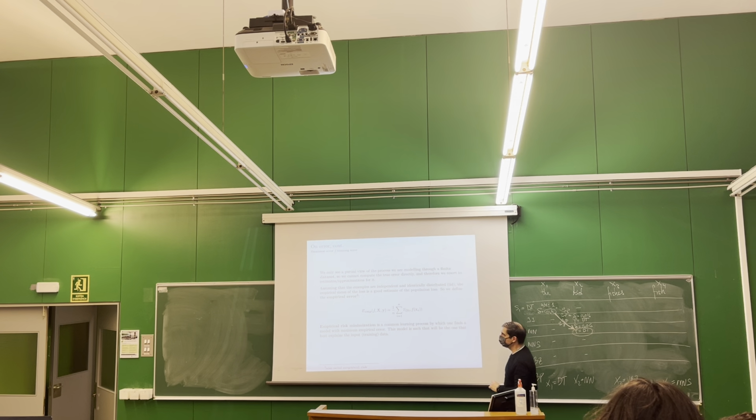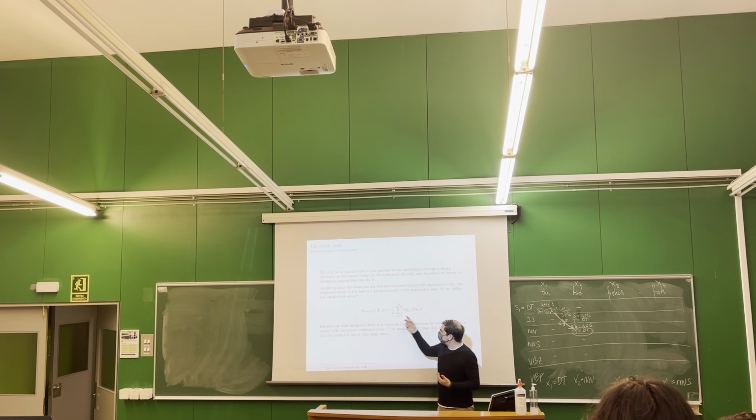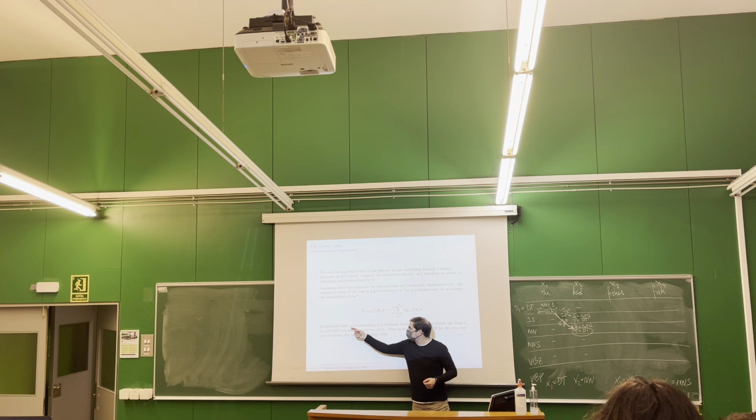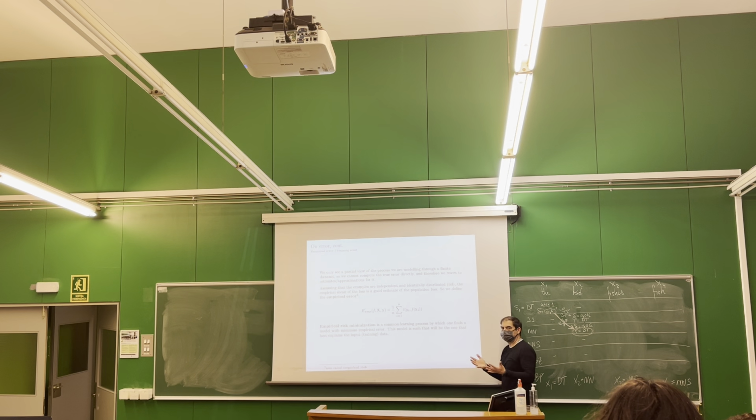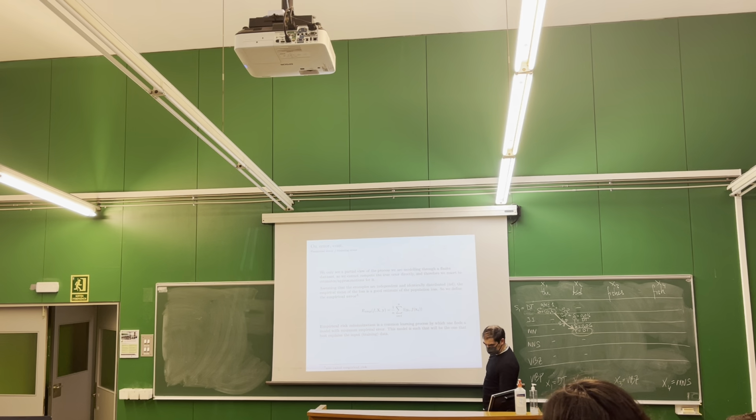This is the criterion to learn this function. This criterion is called empirical risk minimization. This is the fancy name that we use in machine learning for minimizing the empirical error.